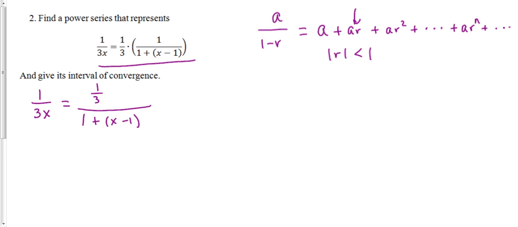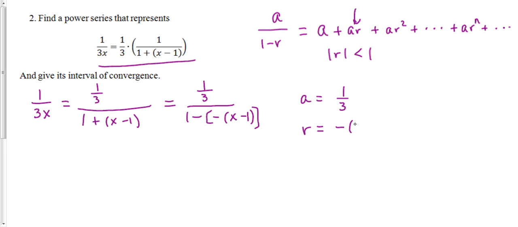So I need to use the same technique that I did in part D of the first part of exploration 1, which is I'm going to leave my 1/3 up here, but I'm going to make my denominator 1 minus negative x minus 1.